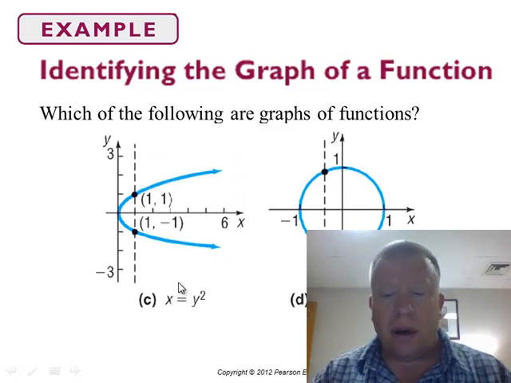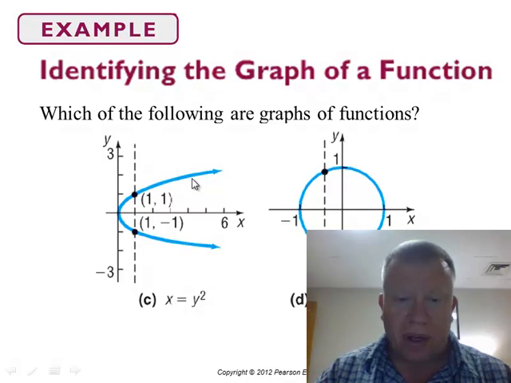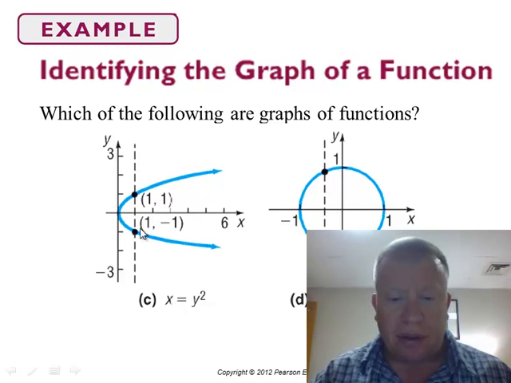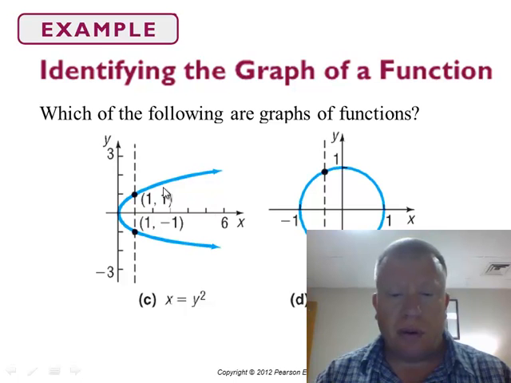But here are two examples of non-functions, because there are plenty of values for x where the vertical line intersects the graph at least twice, both for this graph and for the circle here.